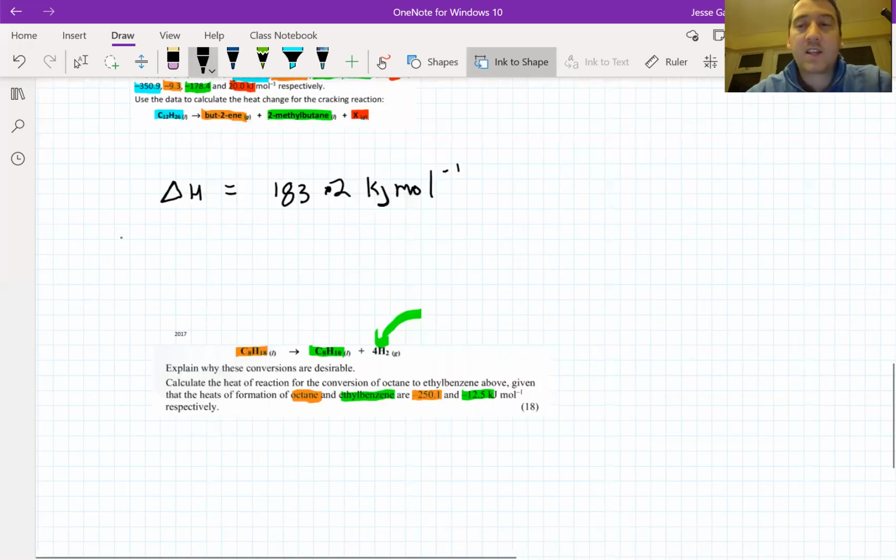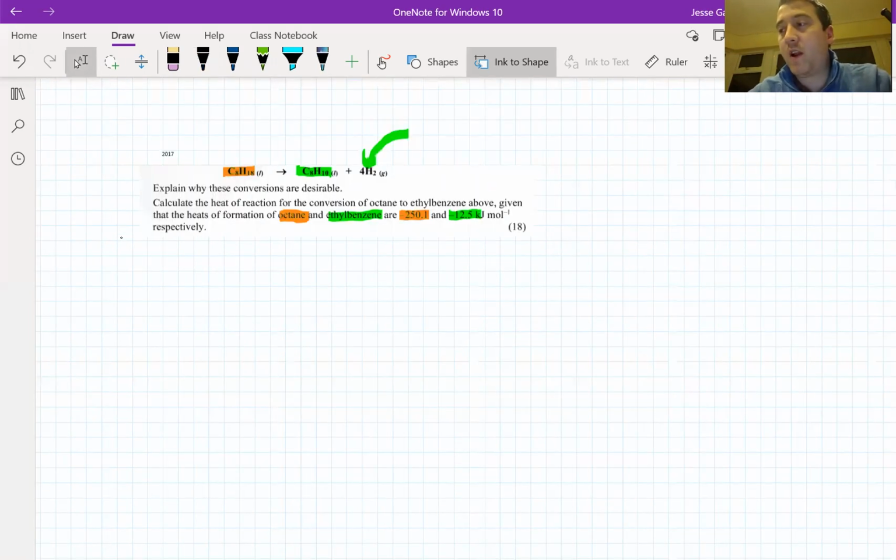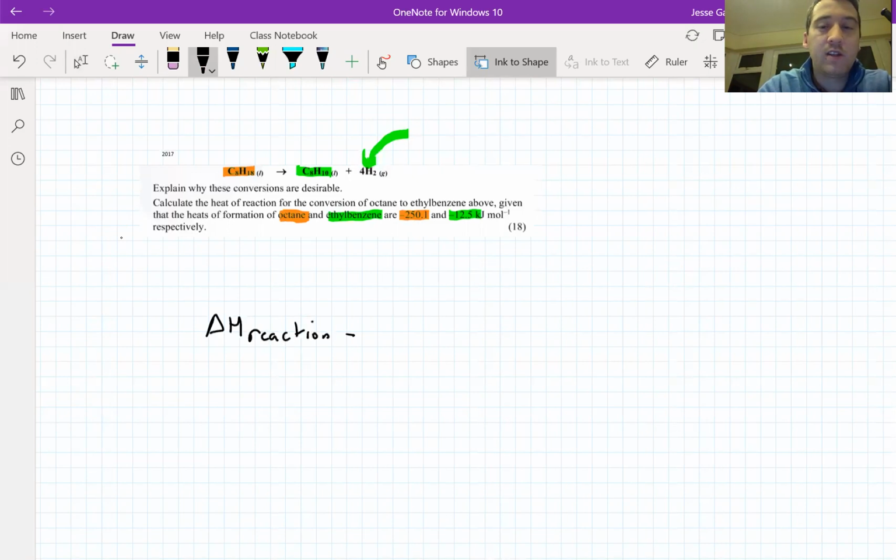In the last one then, I'm going to give you the answer for it. The delta H of this reaction is equal to 237.6. Is it?